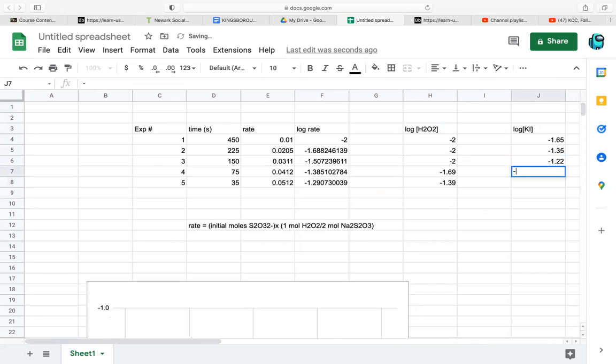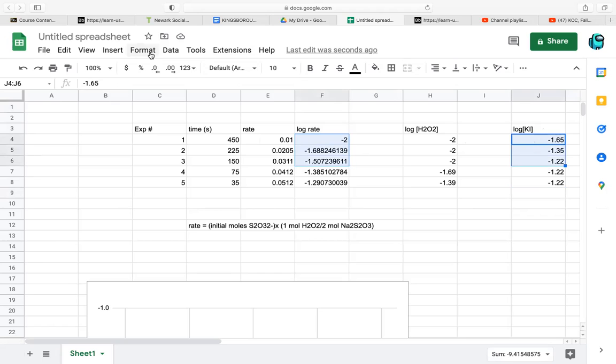And then you'll see it doesn't change anymore. See, like the last three are the same. So then what do you want to do? Well, you want to graph the log of the rate, but only the ones that are changing, the first three in this case.